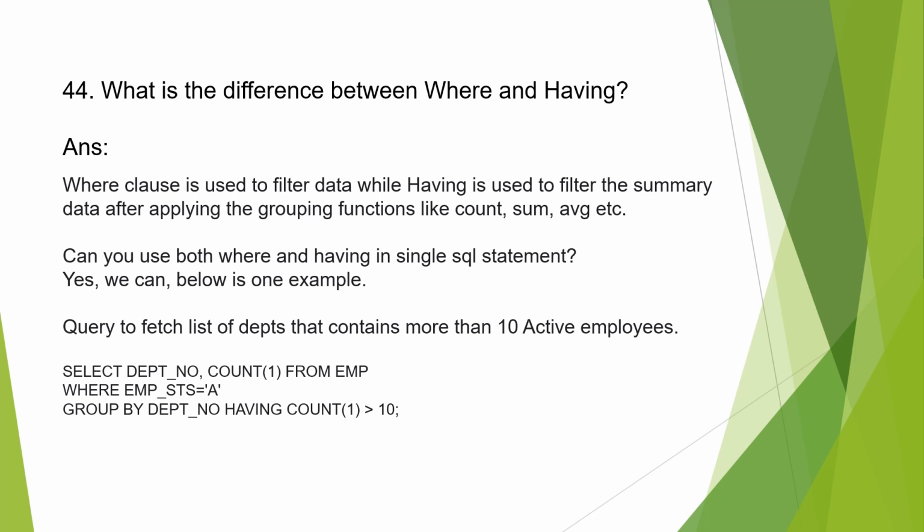That's why I am saying GROUP BY department number, and the requirement is to display departments with more than 10 active employees, so I am applying HAVING COUNT(1) > 10. So here, you see, I am using WHERE and HAVING in the same SQL statement. And you may get a question like, what is the order of WHERE and HAVING? It will be WHERE, then GROUP BY, then HAVING.